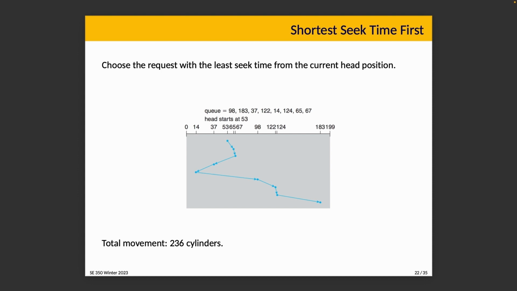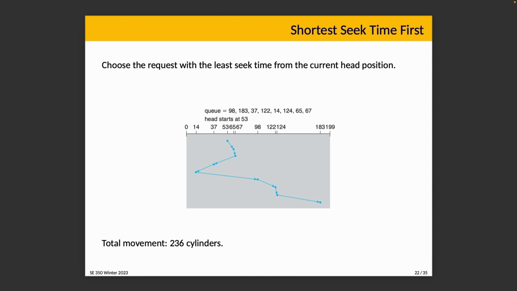That's quite a dramatic difference from the previous 640, and it's not surprising because we don't have a huge amount of backtracking. We just go to whichever one is closest. There is some backtracking, from 67 to 37 to 14 and then up to 98, but the total amount is fairly limited. So this seems like an improvement.